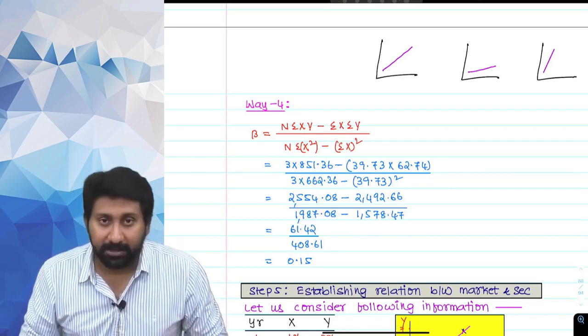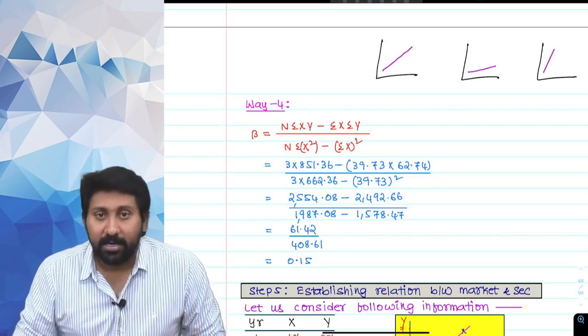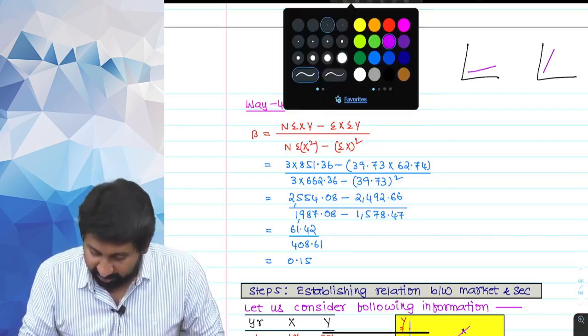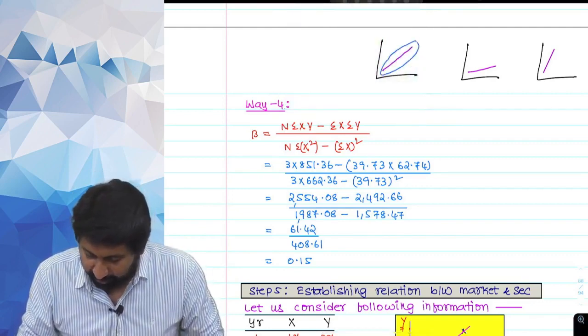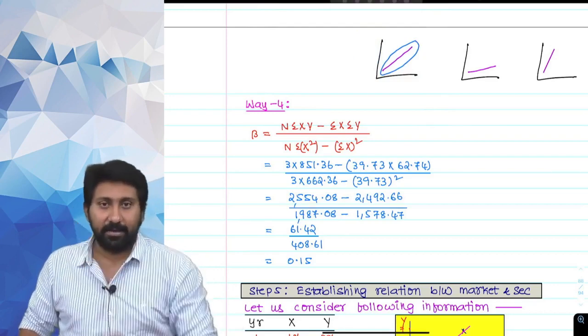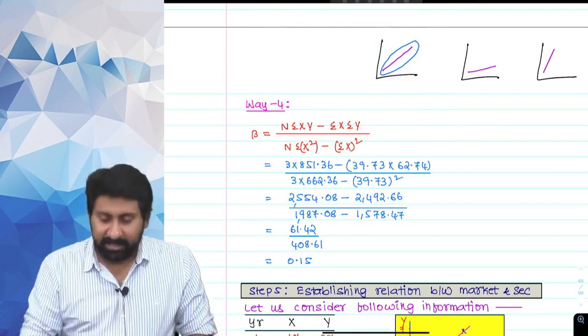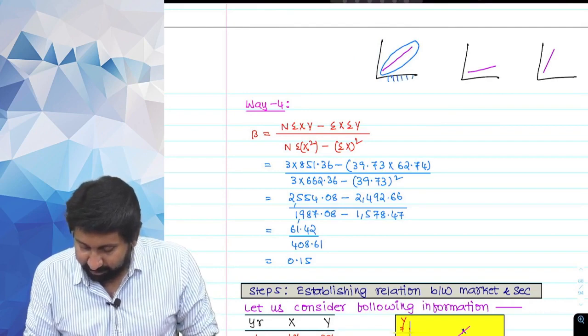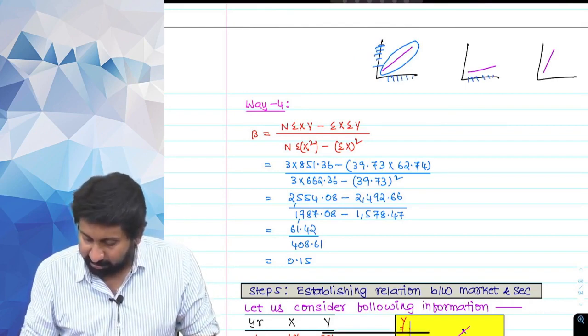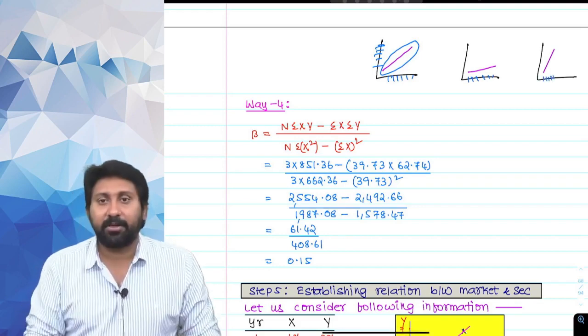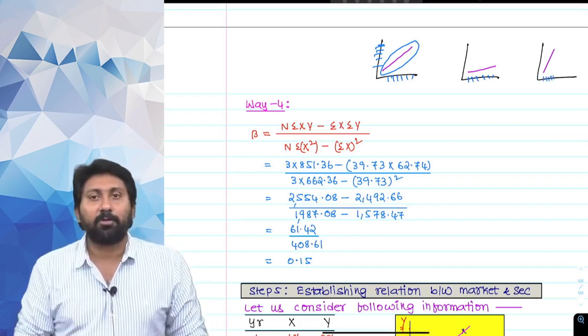Now if you observe, in the first situation the line has a nature like this. It means whenever the market rises, security also rises.